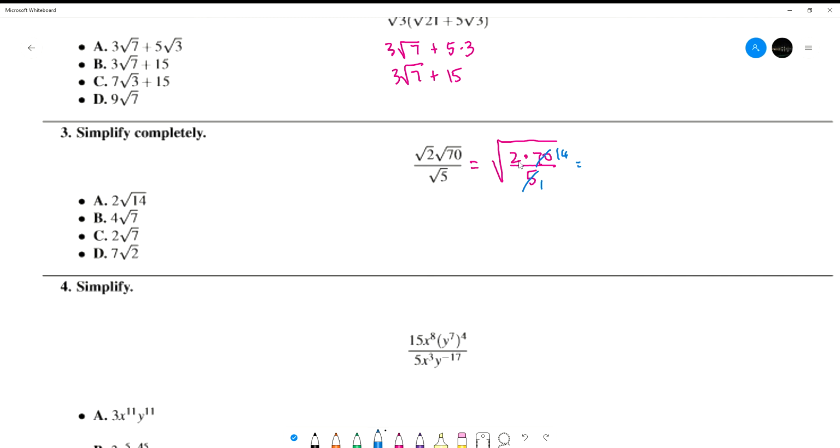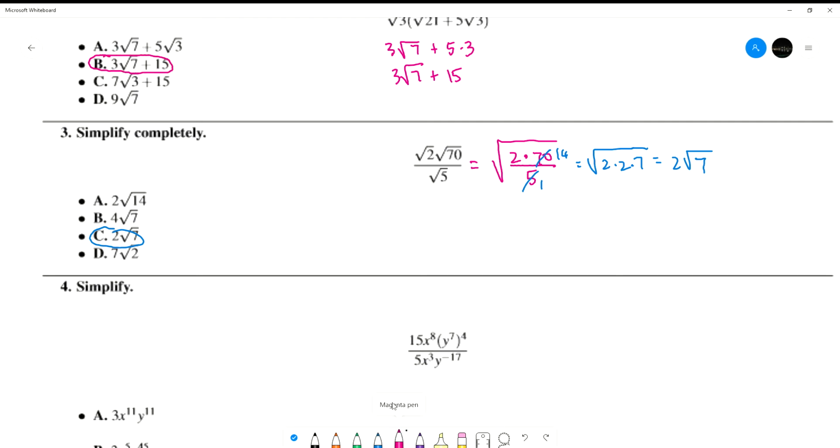In the end, you get radical 2 times 14. But I can see 14 as 2 times 7. So now that I have these factors, radical 2 and 2 give me 2 radical 7. So that's C. I forgot to circle number 2.